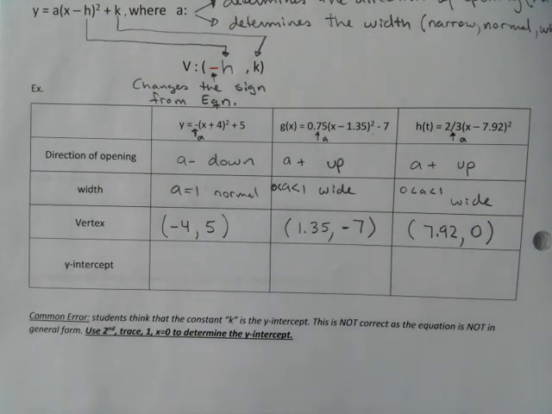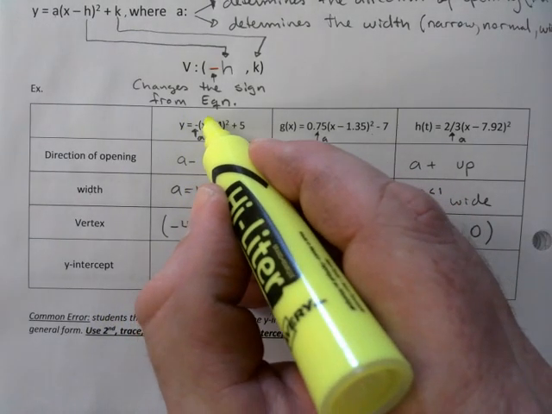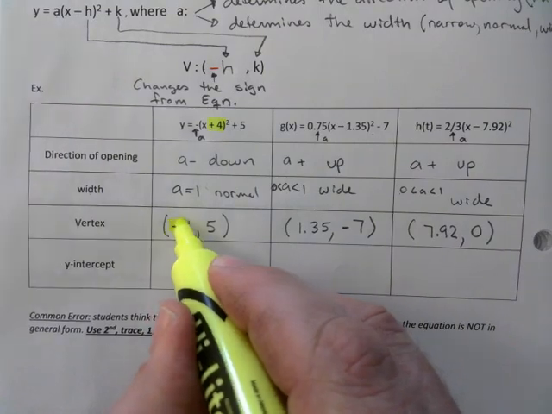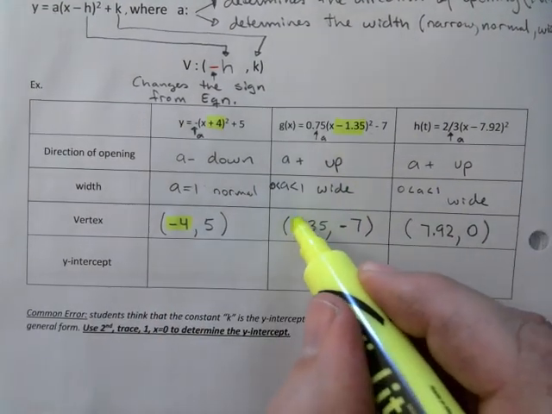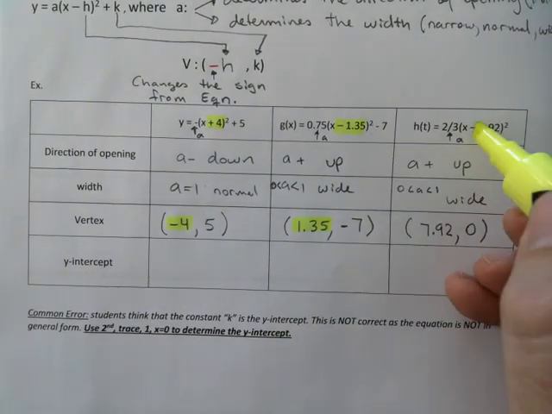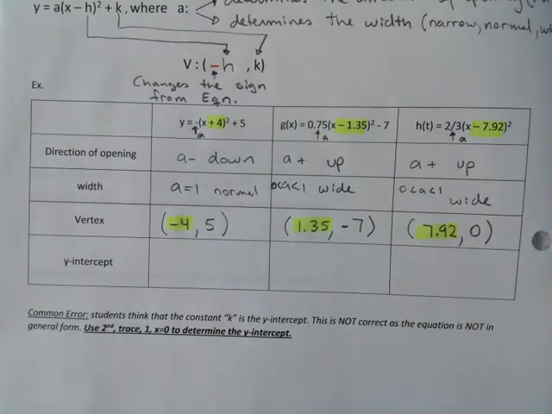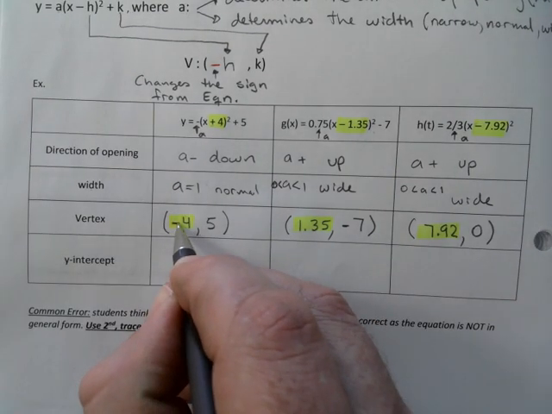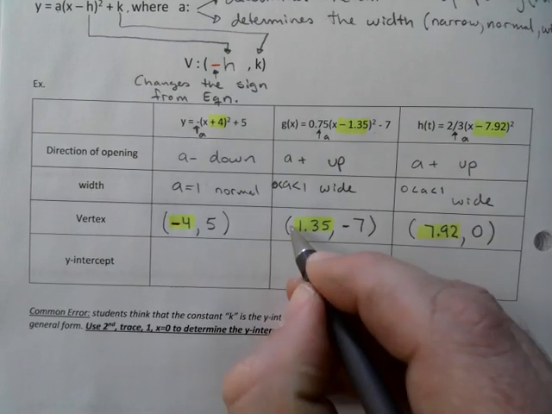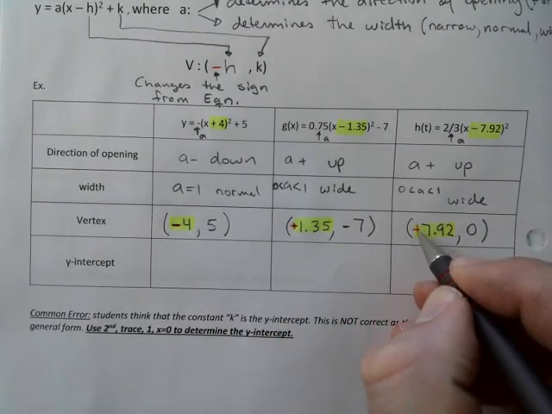So watch this. I'm going to use a highlighter and just show you that it was plus 4 there, then it's negative 4 there. It was negative 1.35, positive 1.35, negative, positive. I know this is kind of weird to do it this way, but I'm going to use a red pen and just re-emphasize. I'm going to go plus here, and plus here.